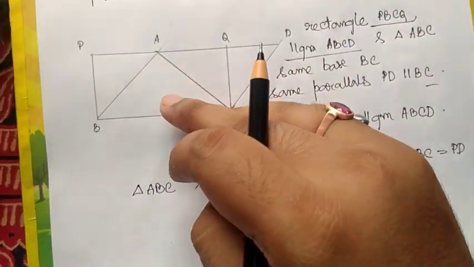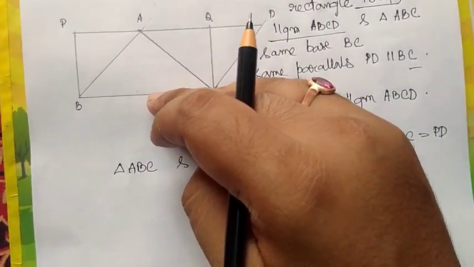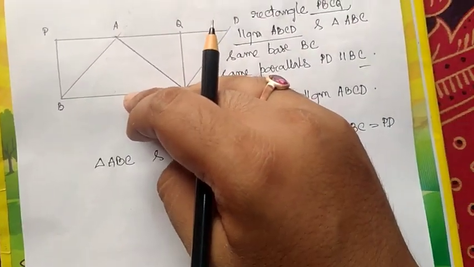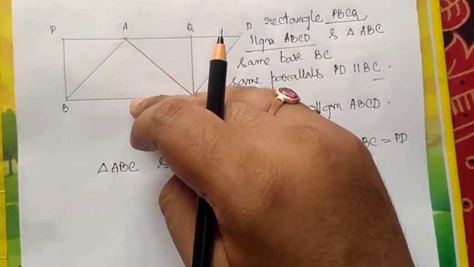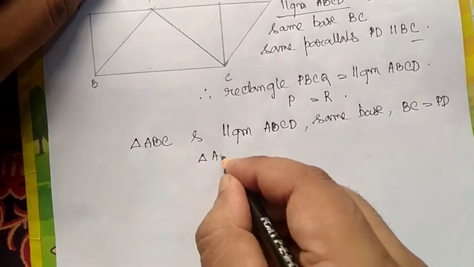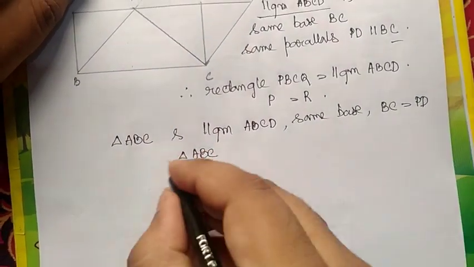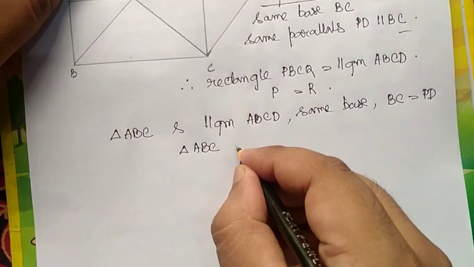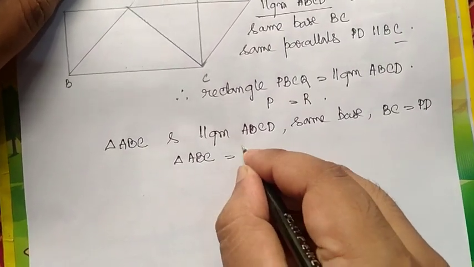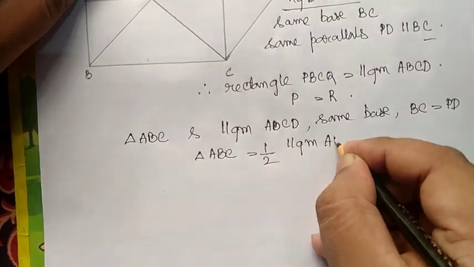Therefore if a triangle and a parallelogram both are on the same base and the same parallels, we can say that the area of the triangle is always half of the area of the parallelogram. So therefore triangle ABC equal to half of the parallelogram ABCD.